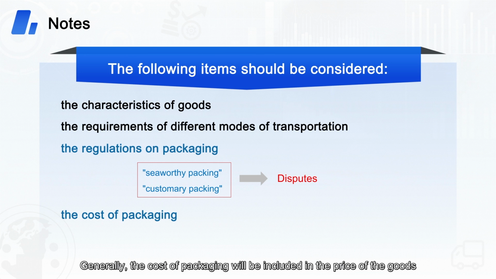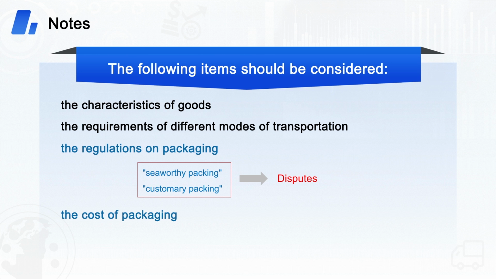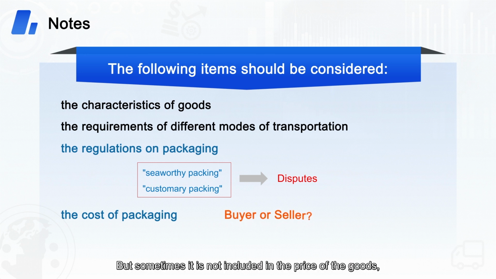Generally, the cost of packaging will be included in the price of the goods and will not be charged separately. But sometimes it is not included in the price of the goods, and the buyer is required to pay for it separately in this case.